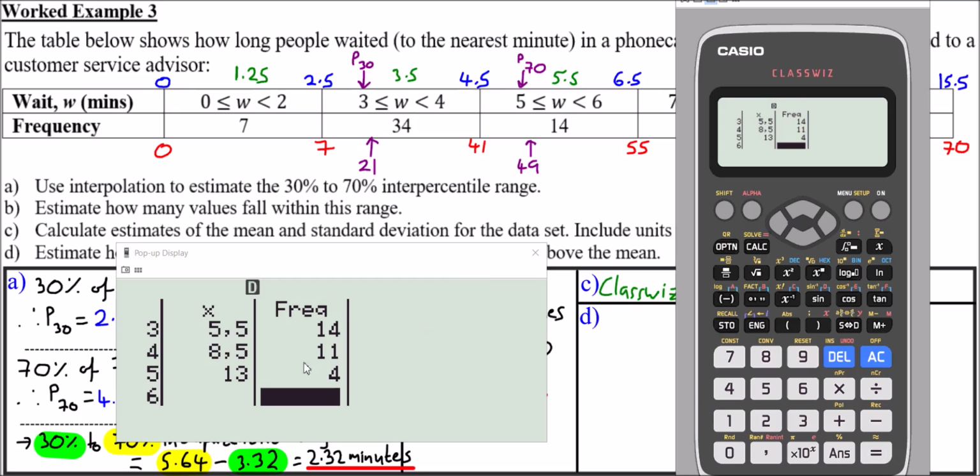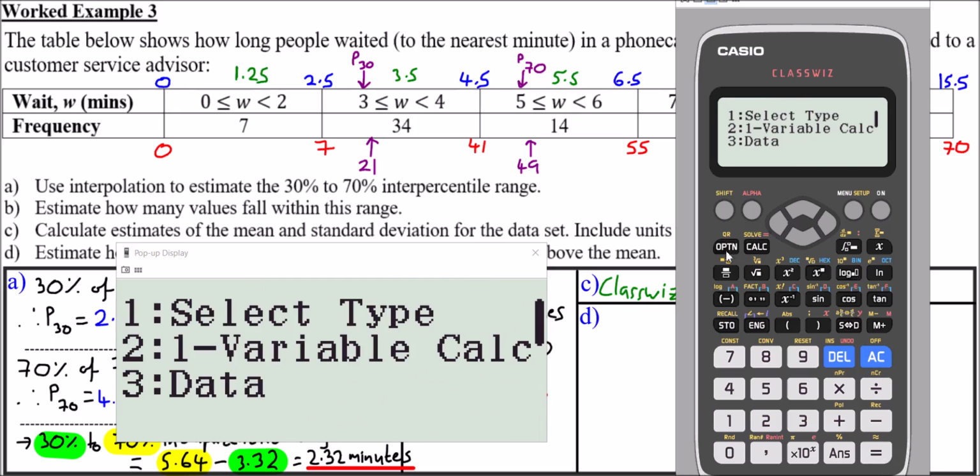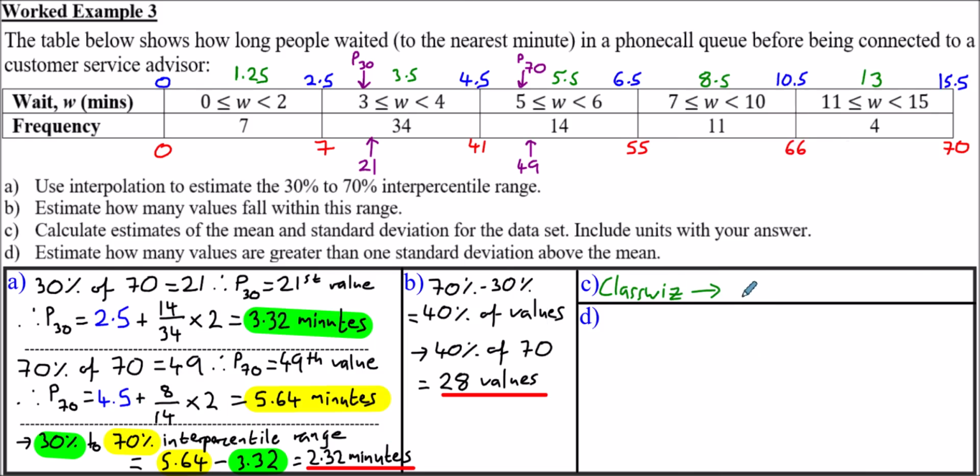Once we have all these values, we then press the AC key, followed by OPTN in the top left, and option 2 to bring up the one variable calculations we've just put in. As you can see here, we've got the mean. The mean to three significant figures is 5.00 minutes. So we can type in that the mean, which we can say is W bar, is 5.00 minutes.